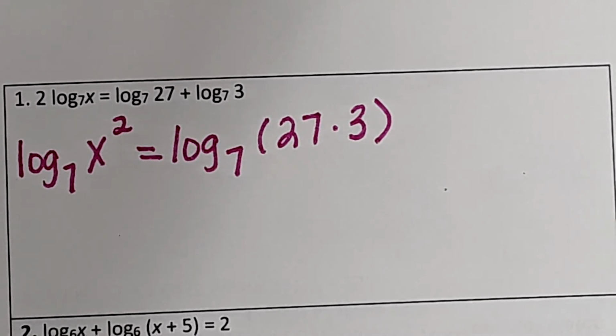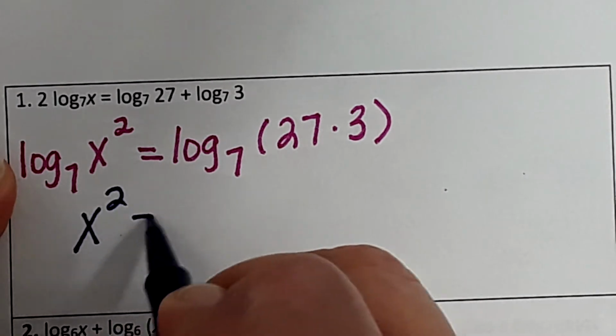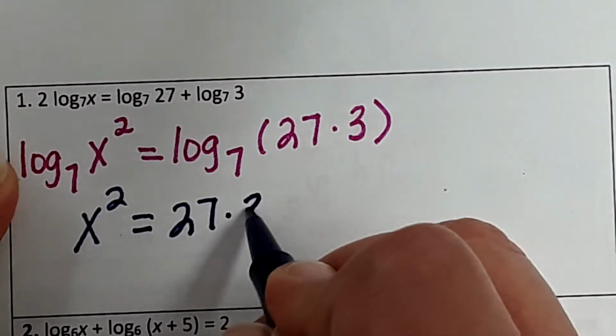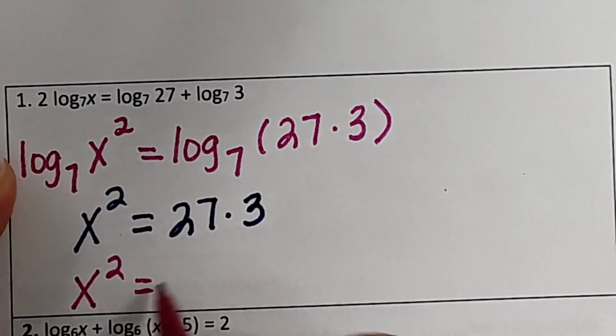Now, if I gave you this problem, could we solve it? How would you solve it? Log base 7 and log base 7 are the same, so we would just set x squared equal to 27 times 3. Well, what is 27 times 3? 81.